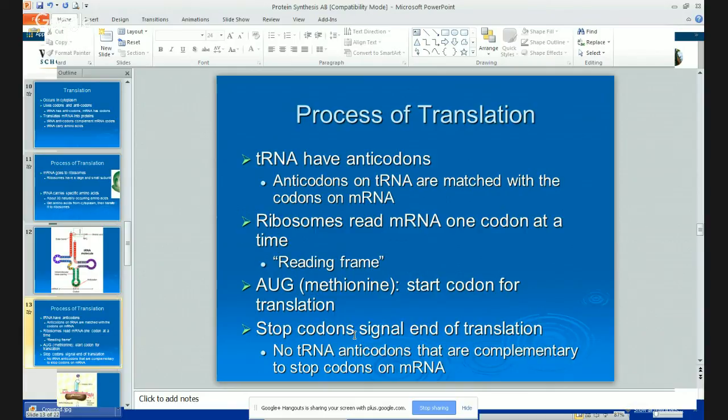There are, I believe, 3 or 4 specific sequences that signal the end. So they don't code for an amino acid. I know one of them is UAG, or UGA, sorry. When the ribosome comes across the UGA, there is no amino acid, but it just knows to stop.